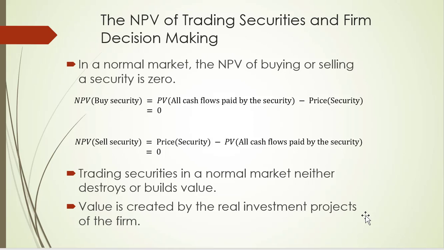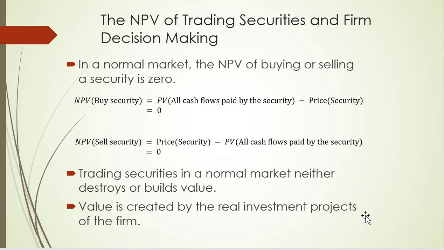So let's dig a little deeper into some decision making. In a normal market, the net present value of buying and selling a security is zero. What this essentially is saying is that buying a security is ultimately a zero gain proposition.